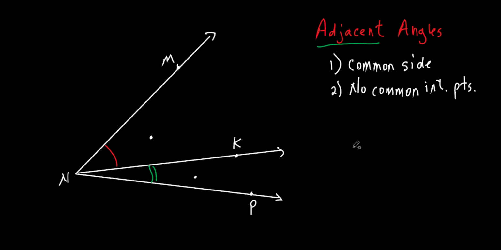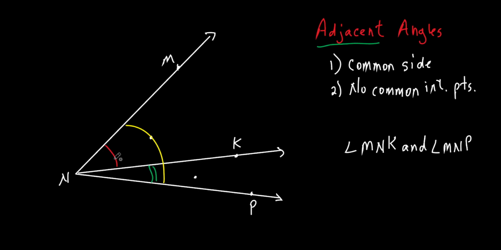What about this, though? Here's the question. What about angle MNK and there's another angle here. What's the other angle? MNP. Very good. Do you see that? Let's make that a different color. Let's make that yellow. I'll just make a big old yellow. So look at the red one.